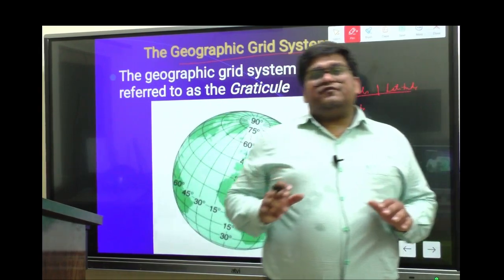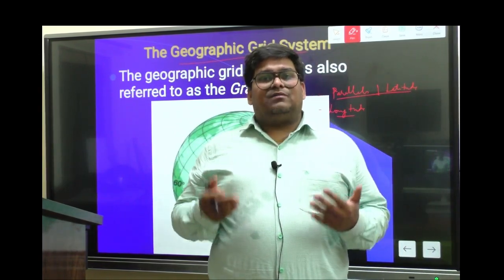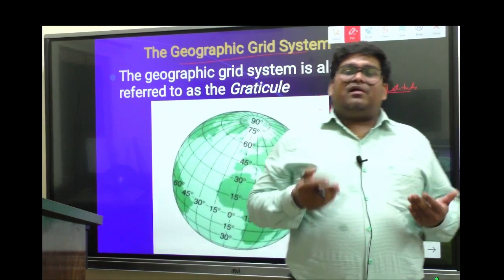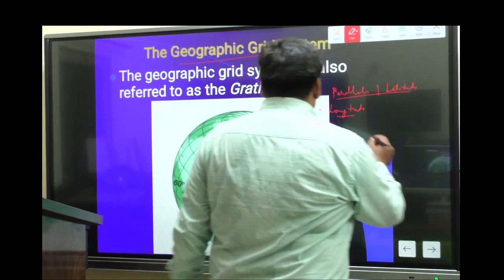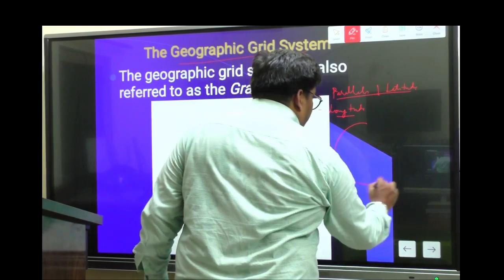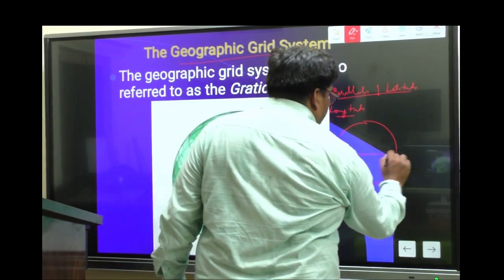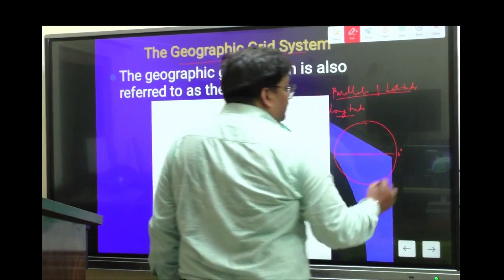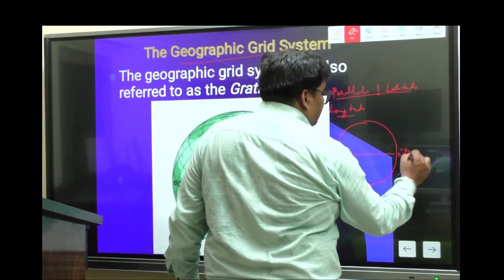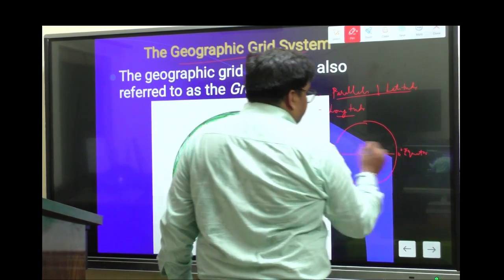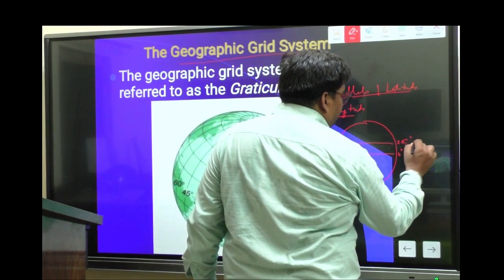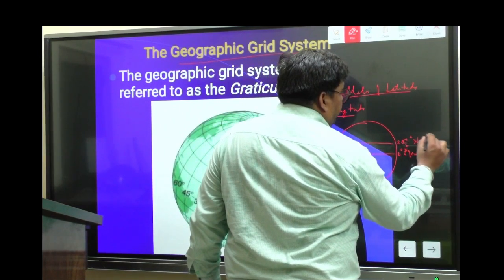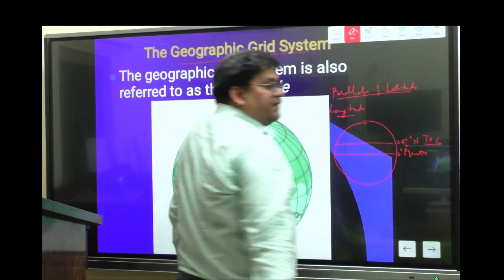Okay, the geographers have marked some standard parallels of latitude. For example, 0 degree. If I draw a diagram, 0 degree latitude, we call it the Equator. Similarly, 23.5 degree north is called the Tropic of Cancer.